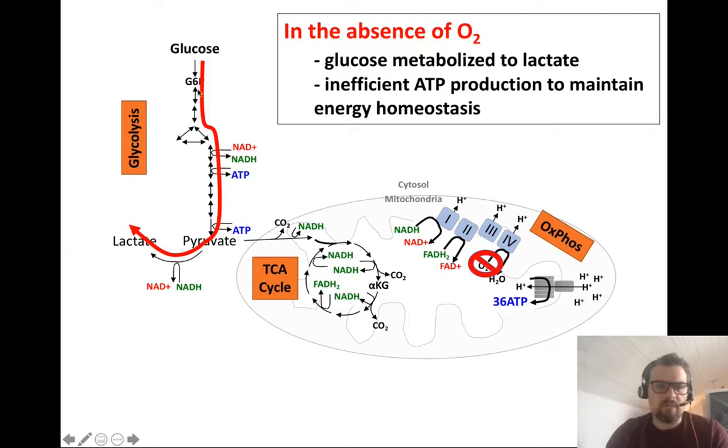This is where they ramp up glycolysis and convert pyruvate into lactate, because it can't enter into the mitochondria, as this process can't continue in the absence of oxygen. Now, this is an inefficient way of making ATP, but if you ramp up the flux through this pathway, you can still maintain energy homeostasis. So this is termed anaerobic glycolysis, and you generate lots of lactate, which is secreted from the cell.